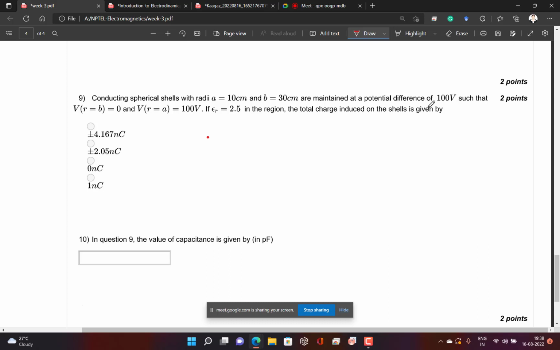They have a potential difference of 100 volts such that the outer conductor at r equal to b has voltage V equal to 0, and at r equal to a, voltage V is equal to 100 volts. Epsilon r is 2.5. Now the total charge induced on the shells is given by.